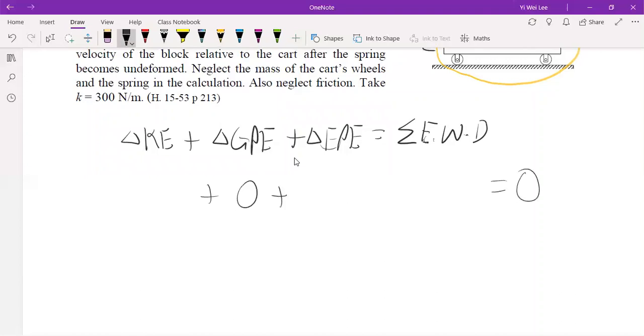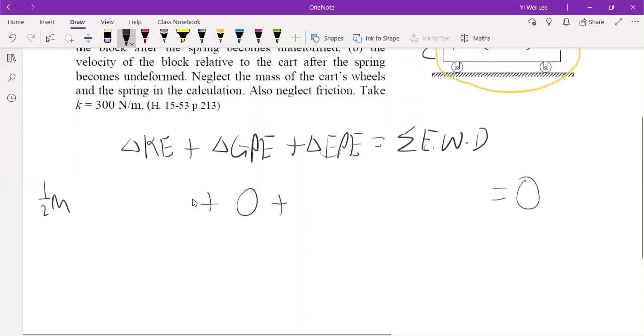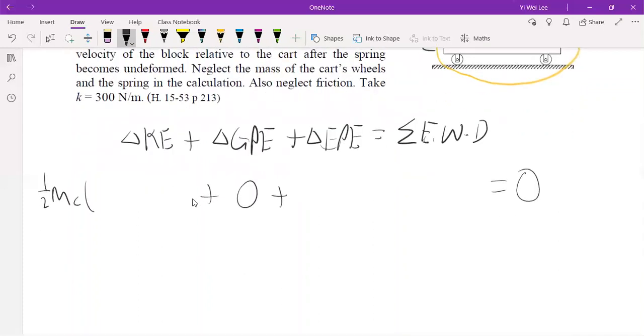So what is the change in kinetic energy? The change in kinetic energy is equal to the final kinetic energy of the system minus the initial kinetic energy of the system. The final kinetic energy of the system is equal to half m_C, the mass of the cart, times the velocity of the cart squared, plus half m_B, the mass of the block, times the velocity of the block squared.